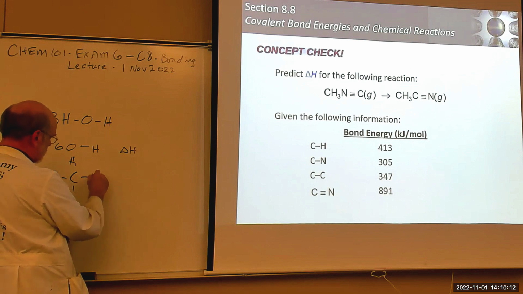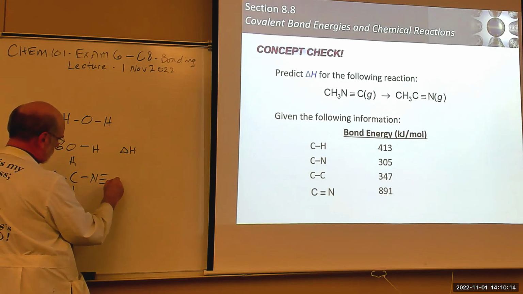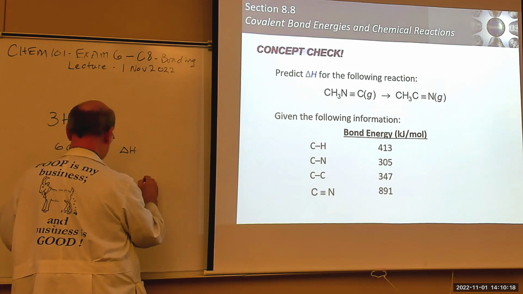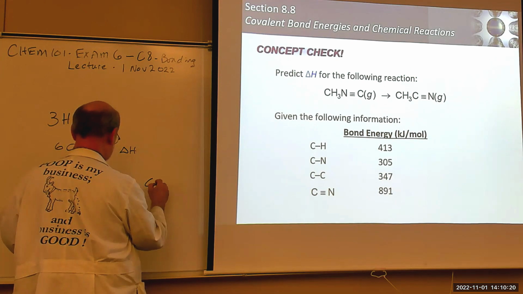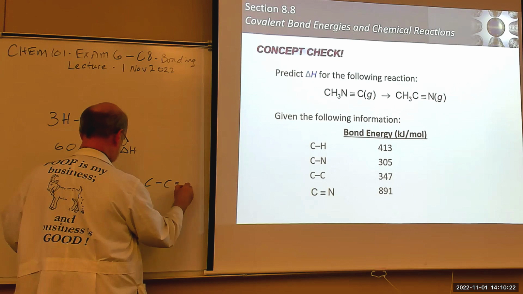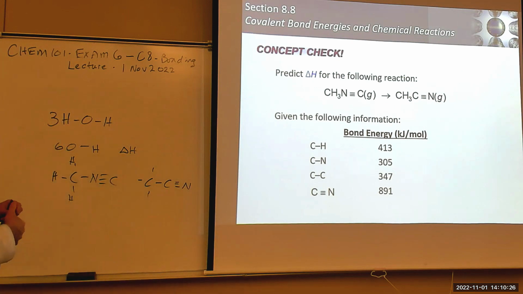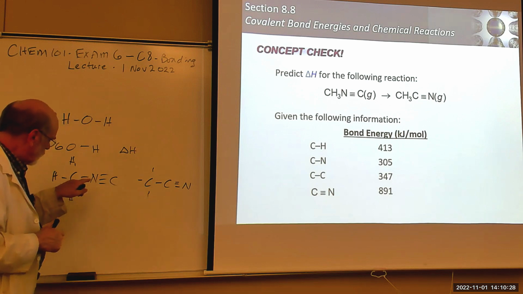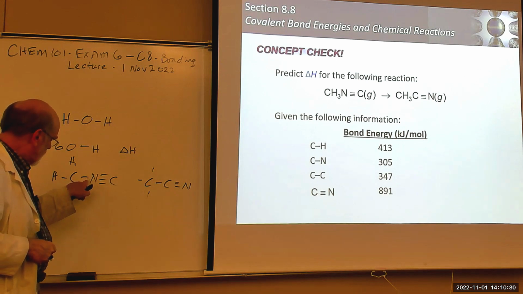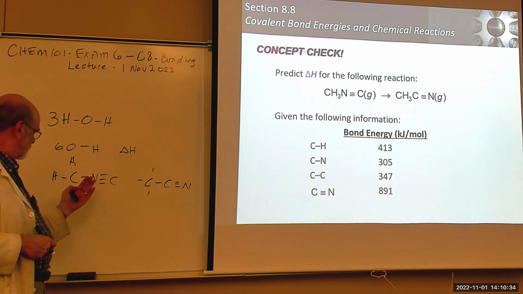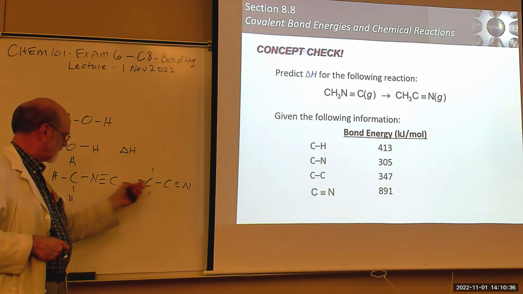Then on this side, it would be bound like that, and on the other side like that. So all you've done is break this bond and flip it around to make this bond.